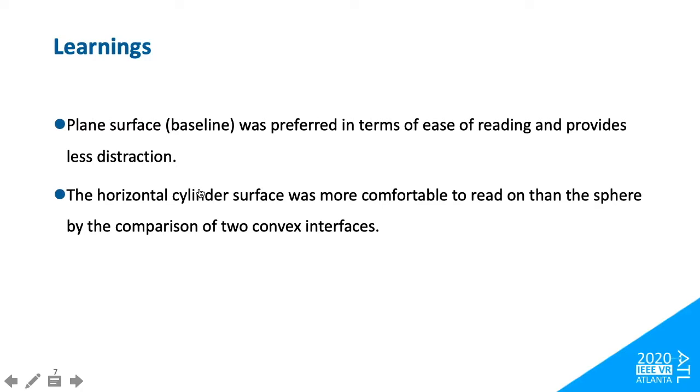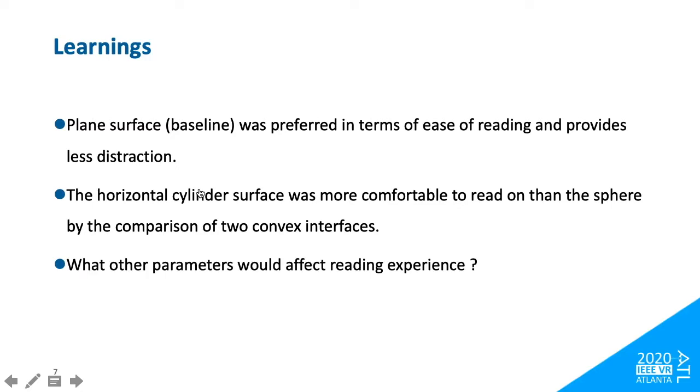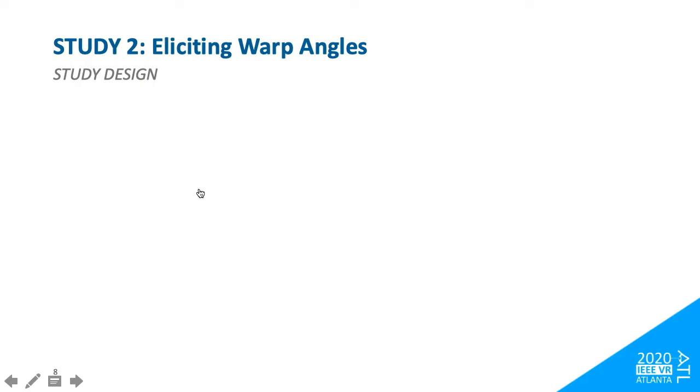Since the main idea of the project is investigating shapes as rendering canvases for text in virtual reality, based on those results we wanted to go into more depth in the experiments, like what parameters on those shapes would affect reading. In this case, we conducted our second study.